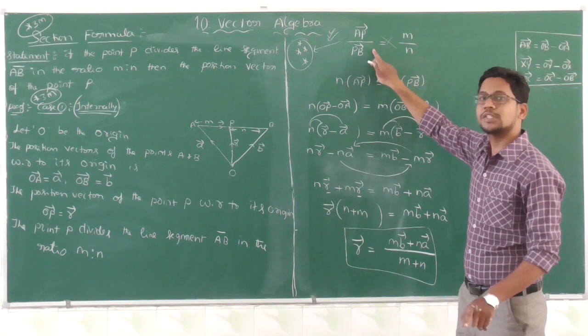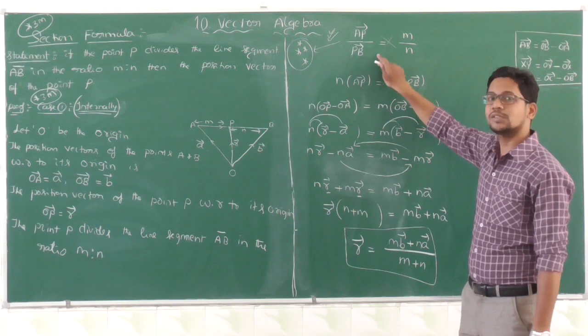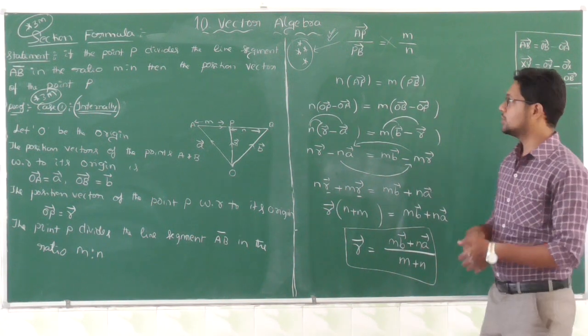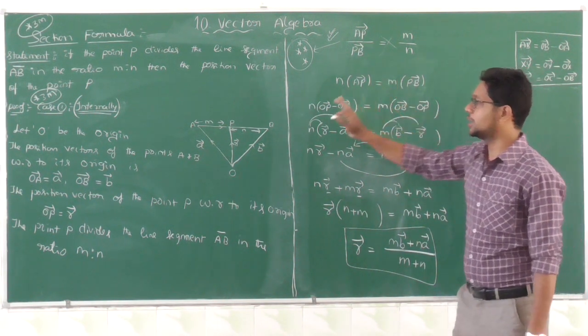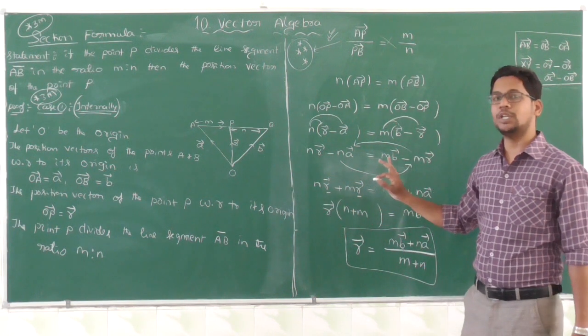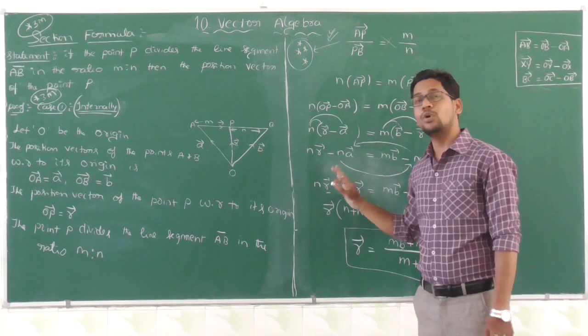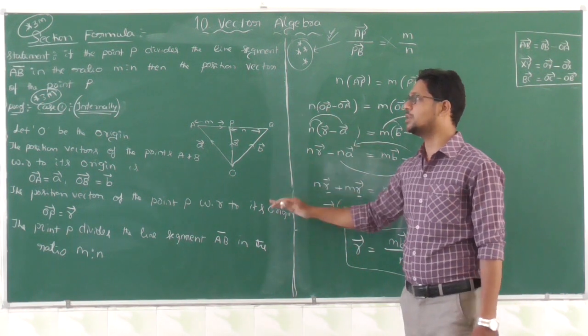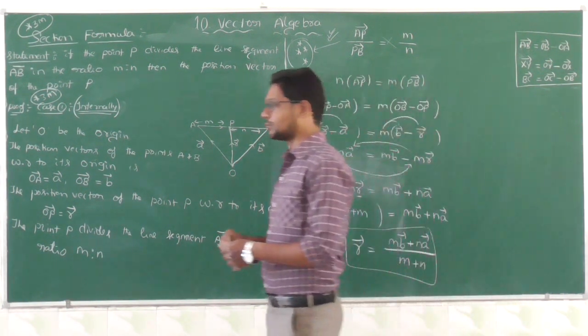You just keep it in your mind, and this proof is important for 3 marks. The internal proof is the one important from the point of view of examination. You have to read this proof.